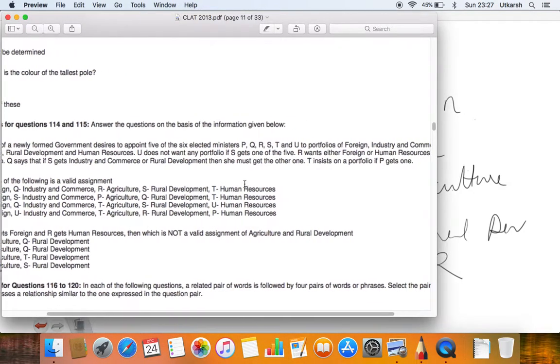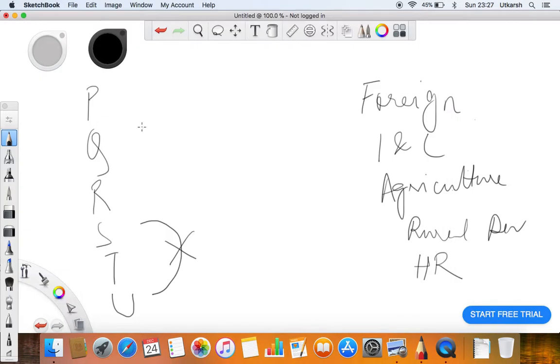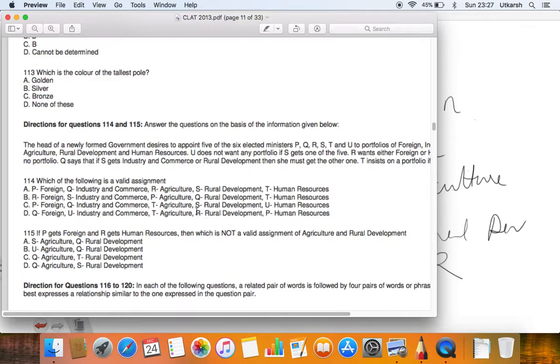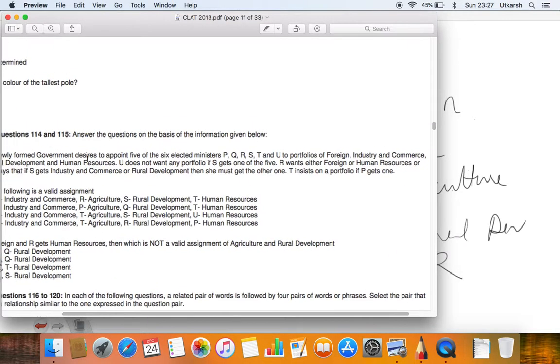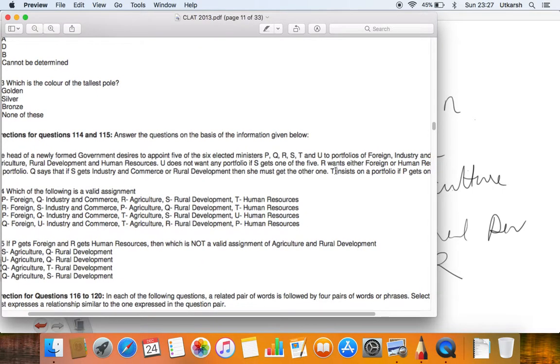The second is R either wants foreign or HR, or no portfolio, right? So Q says if S gets industry and commerce or rural development, she must get the other one.